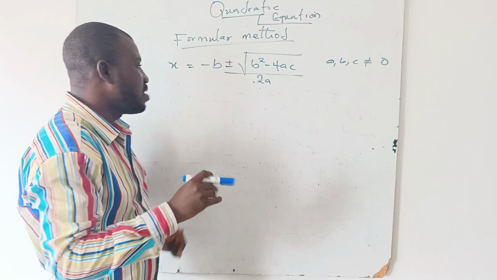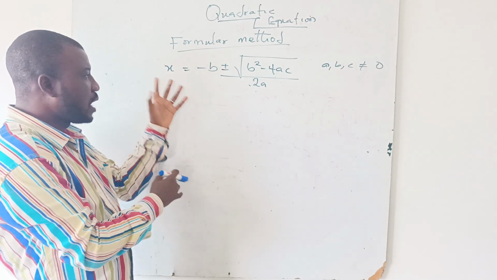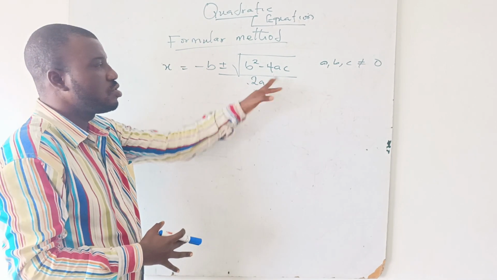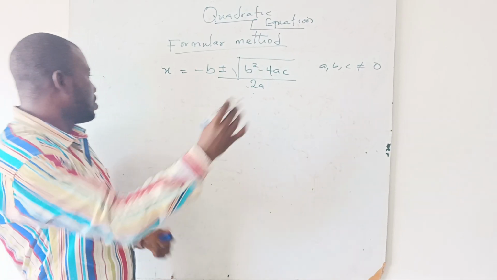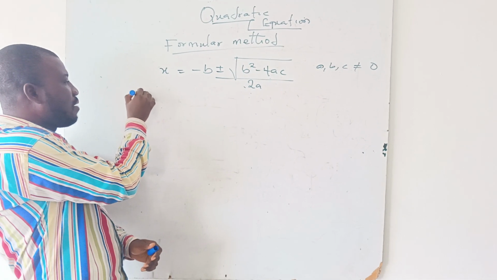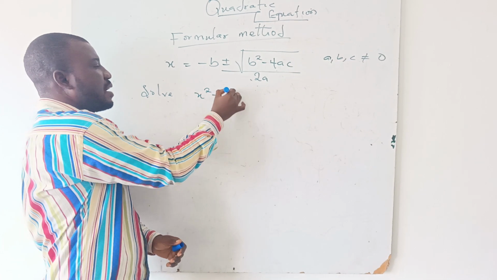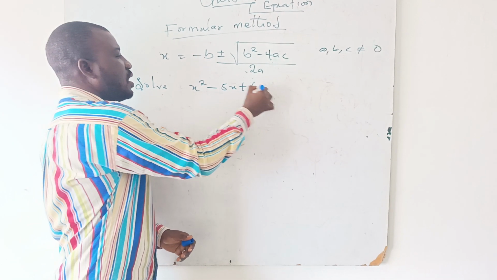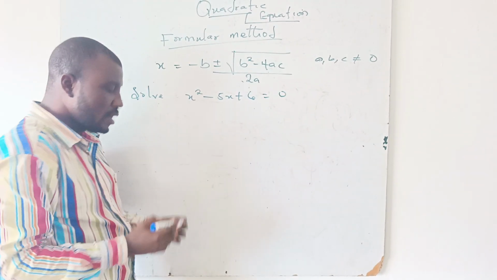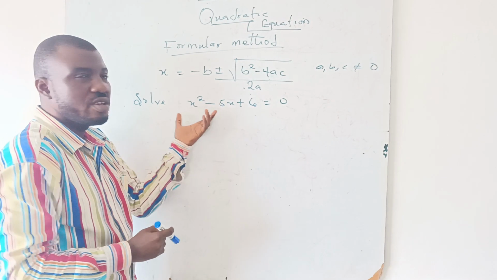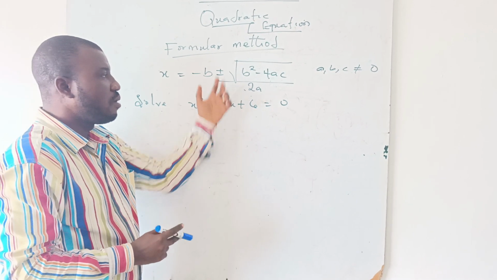So I'm going to be taking a question and I will explain how to use the formula to solve it. Let's look at this question: solve x squared minus 5x plus 6 equals 0. Now, we want to solve this quadratic equation using the formula method.